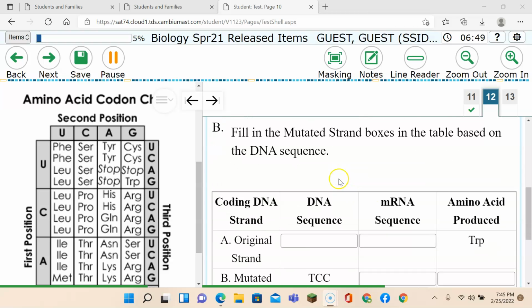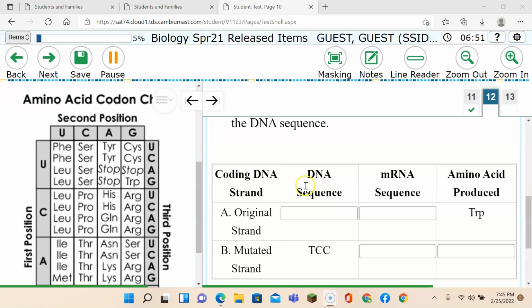So let's look and see what we have here. We have the original strand of DNA not available, the messenger RNA not available. But they did give us an amino acid produced. So by looking at the amino acid produced, we can discover the messenger RNA. So let's look here. Let's find the amino acid. There it is, TRP.